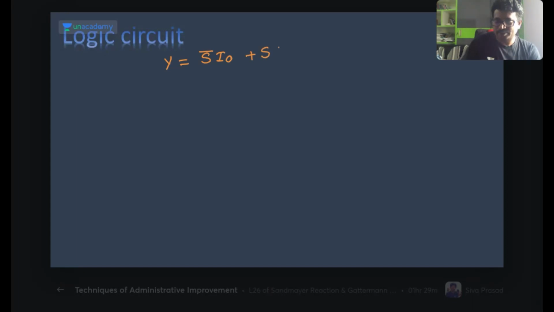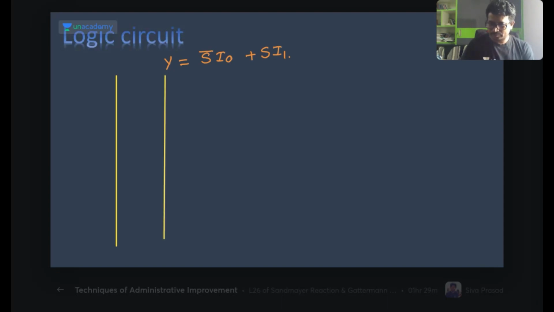Plus S into I1. So these are the lines we can consider here. This is the data here; I am calling this I naught and this data is I1.